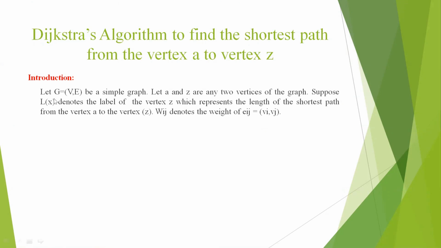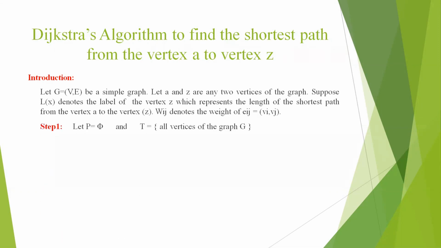Suppose L of Z denotes the label of vertex Z, which represents the length of a shortest path from vertex A to vertex Z, and W denotes the weight on the edge which connects two vertices Vi and Vj.